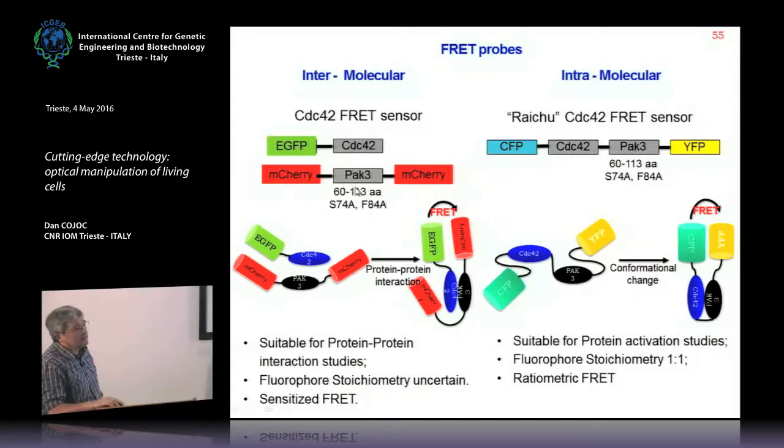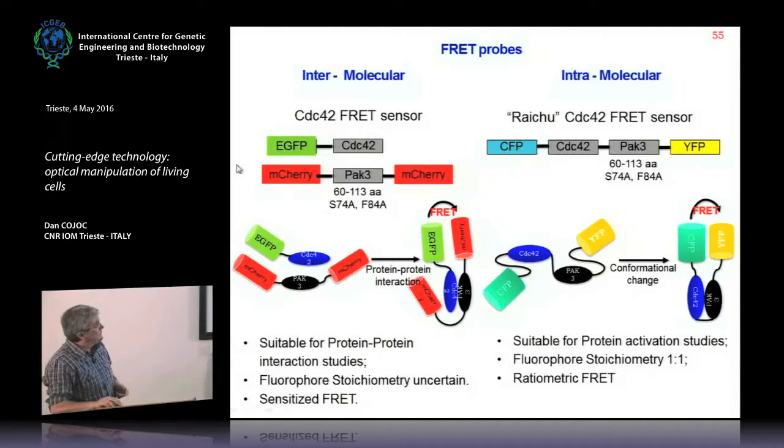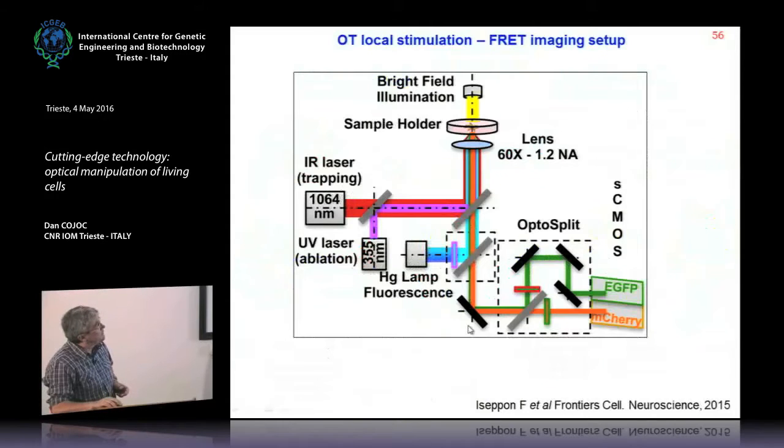With this it is easier, but the point is that you do not have stoichiometric control. So there might be more donor molecules interacting with one acceptor, and you do not know this. So here we use sensitized FRET, which I will explain in a moment with the optical setup.